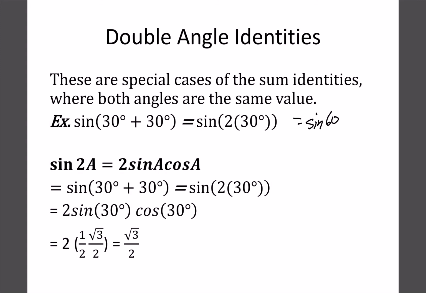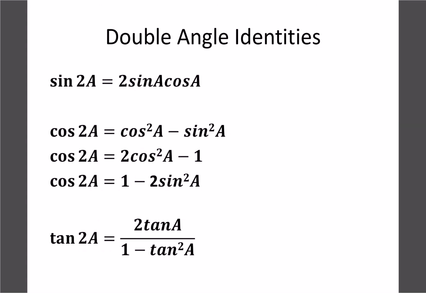So sine of 2 times 30 is the same as 2 sine 30 cos 30. Once again, we can use exact values: 2 times a half times root 3 over 2, which simplifies to root 3 over 2. And if we go from our original, sine of 2 times 30 is the same thing as sine 60, which we know is root 3 over 2. So this identity does indeed work. That's our main one for sine.